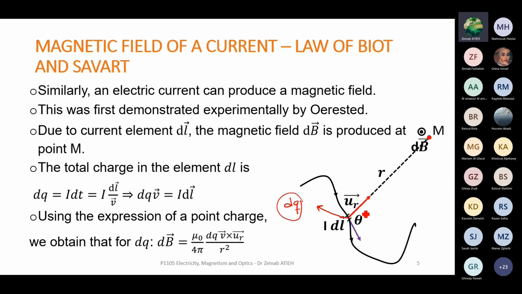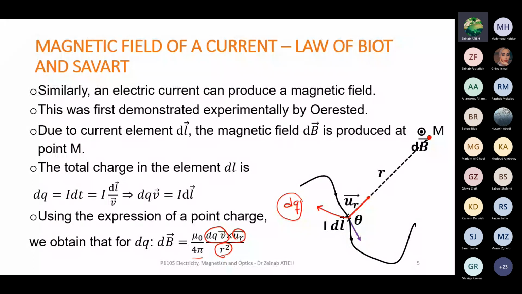So dQ will create, because it is in motion, dQ is moving with a speed v. This is a current in motion. It will create a magnetic field at point M. And this magnetic field at point M will be given by mu0 over 4 pi, dQ v cross UR over R squared.